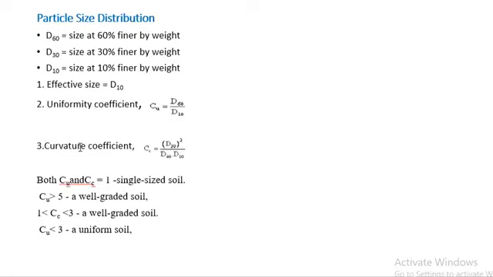Curvature coefficient C_C is equal to D30 whole square by D60 into D10. If both C_U and C_C are equal to 1, then the soil is single sized soil. If C_U is greater than 5, then it's well graded soil. If C_C is between 1 and 3, then also it is a well graded soil. If C_U is less than 3, then it's uniform soil.